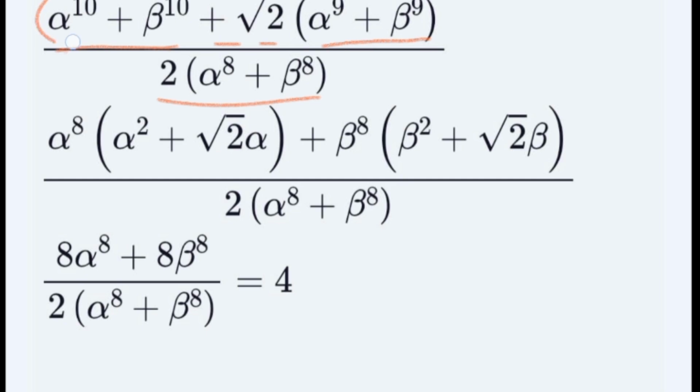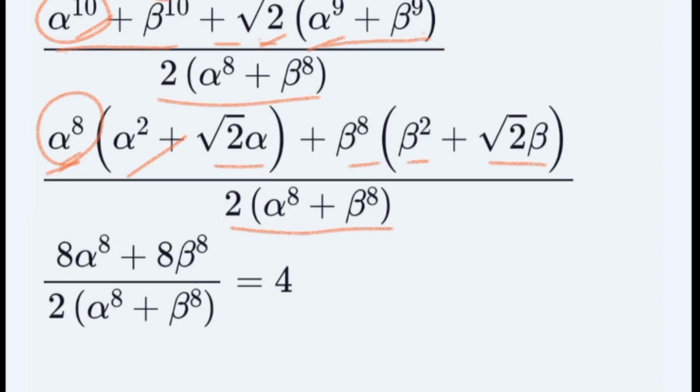Now here alpha power 8 is common. So here alpha square, then with alpha power 9 root 2, alpha power 8 is common, so root 2 alpha. Similarly beta power 8 is common, so beta square and root 2 beta, and the denominator is 2 into alpha power 8 plus beta power 8.